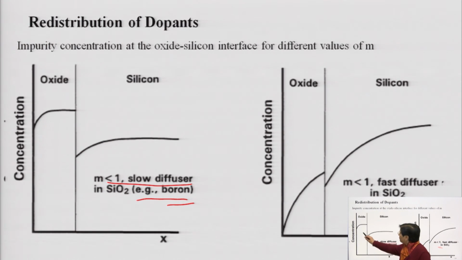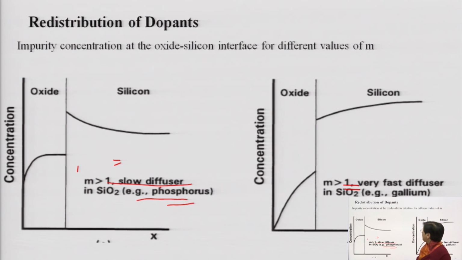Now, this is the profile you will see. You have concentration, and here you will have m less than 1 when you are having faster diffusion. Just see, here this is slower diffusion, this is faster diffusion. So at the silicon dioxide interface, though the value of m is less than 1, there is a sudden change in the diffusion profile being observed. Similarly, here also is the impurity concentration at the oxide-silicon interface for different values of m.